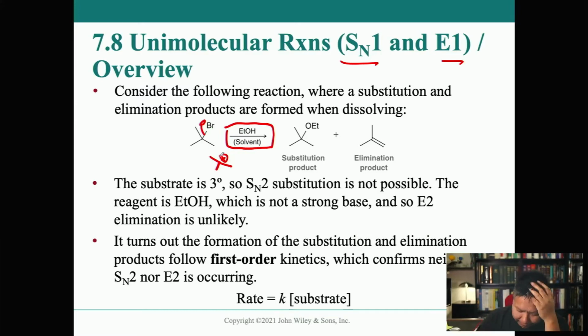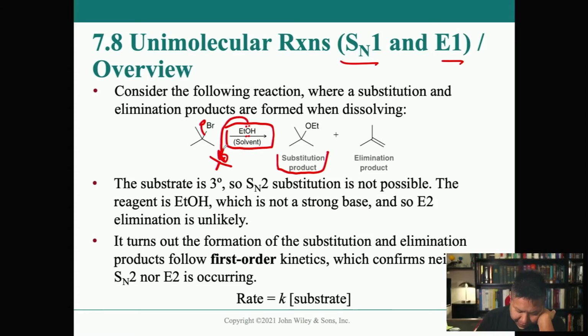And then after you get the carbocation, one of two things can happen. You can either have the substitution product, where this EtOH goes over as EtOH, not as the ethoxide, and does a nucleophilic attack on the carbocation.